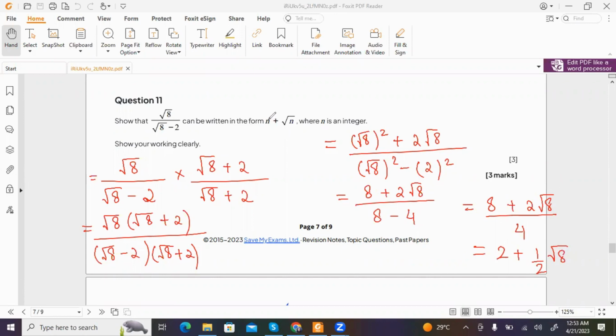Now, n outside and inside the root are representing the same value, which means we can prime factorize root 8 into 2 root 2, which equals 2 plus root 2. That is your answer.